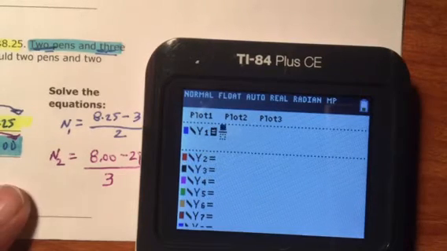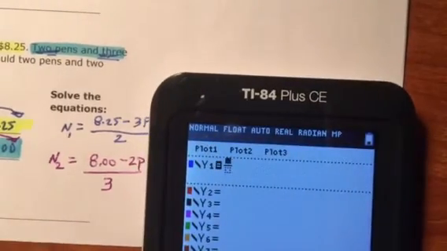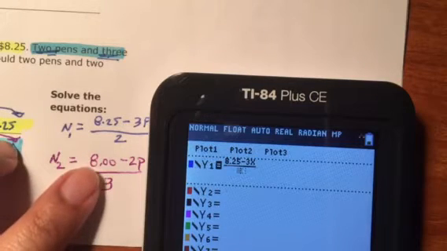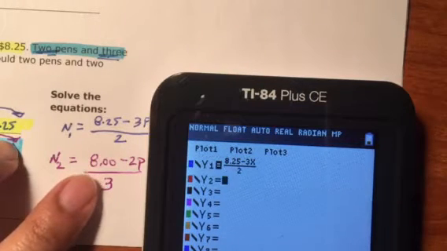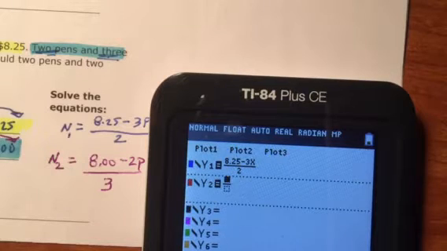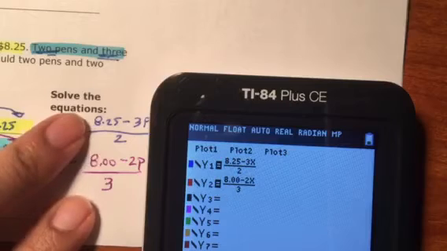So the green button and y equals will get you that fraction. So I'm going to go 8.25 minus 3x, because remember you can only put the x in the y equals, divided by 2. Now when we go to graph this, it's going to be really slow, but that's okay because it'll eventually get us what we need. Okay, so here's the two equations, they match.